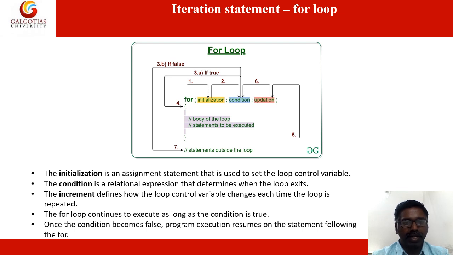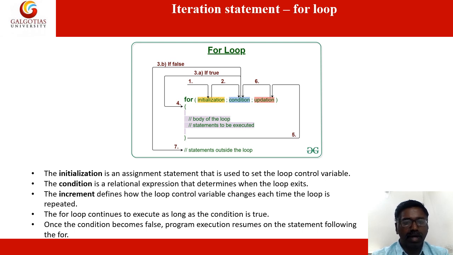Third, if the condition is true, go to the fourth step, the body of the loop, which contains the statements to be executed if the condition is true. After reaching the closing curly brace, the fifth step is to go and do the updation. The variable given in the initialization is the same variable given in the updation.